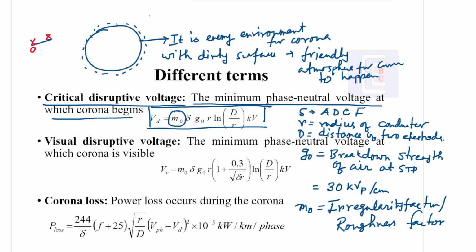Impurity A is located at this point and impurity B is located at this point. Due to the presence of these two impurities, the effective distance, that means the air gap between these two impurities, reduces drastically. So your V by d ratio will be increased enormously.